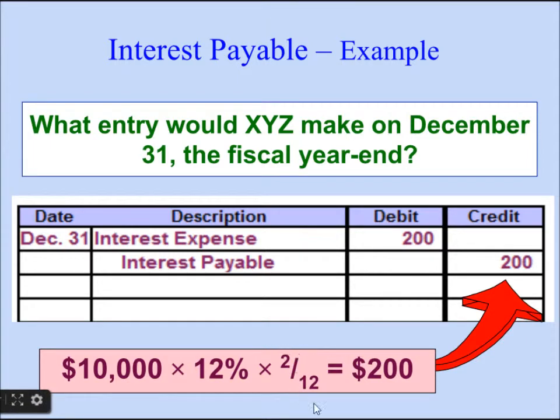The interest rate given is 12%, and the principal amount is 10,000. So 10,000 multiplied by 12% multiplied by 2 over 12 will give us $200. So the journal entry will look like this: interest expense debit of 200, interest payable credit of 200.